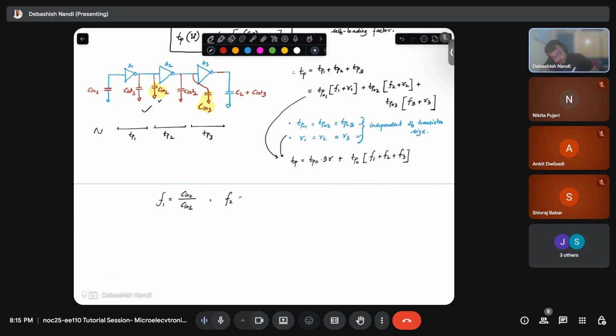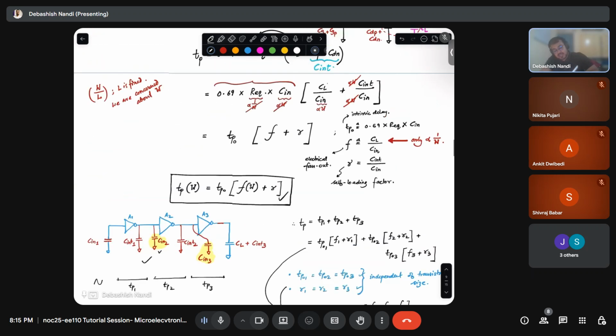Similarly, F2 is C in 3 over C in 2. Similarly, F3 is CL over C in 3. Maybe this is creating confusion, because C int is different.